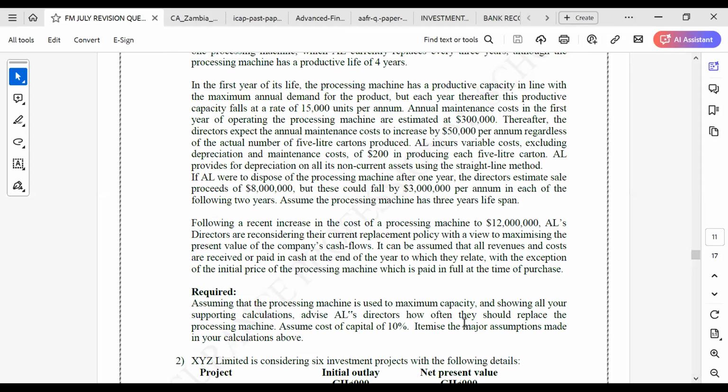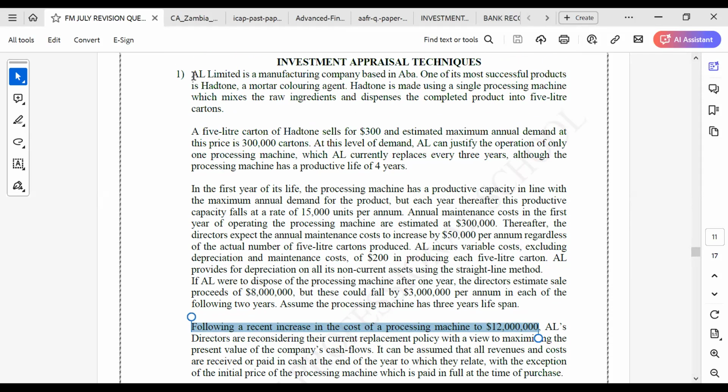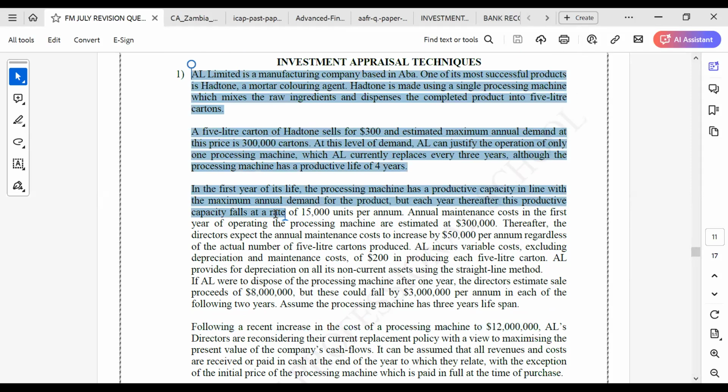So itemize the major assumptions made in your calculation. The first assumption is that the asset has to be purchased and used. The current price of the asset or the cost of the asset is 12 million, although that is not clear. Everything that they are giving to us was like they have already purchased a machine, and they have to give us that particular cost, but that cost was not given.